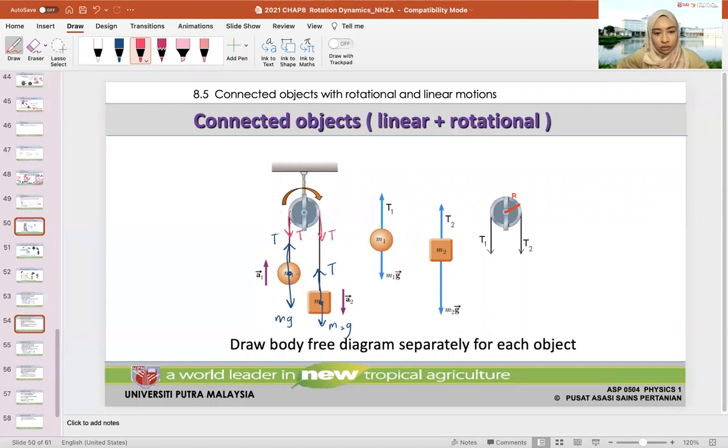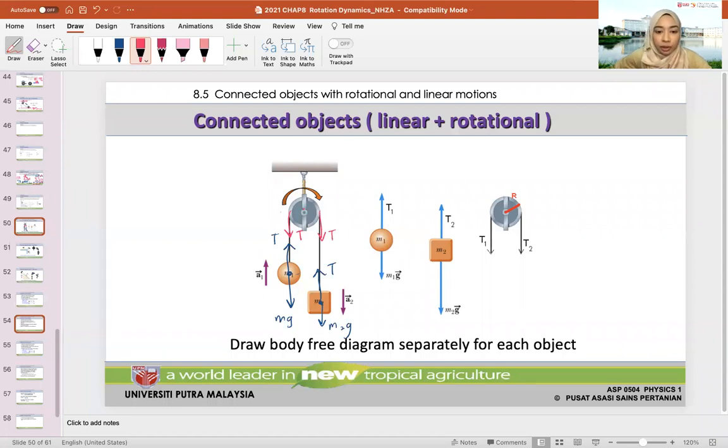And if we wanted to know what is the rotational kinetic energy, or if it has torque, then we have to draw the free body diagram for this guy as well.